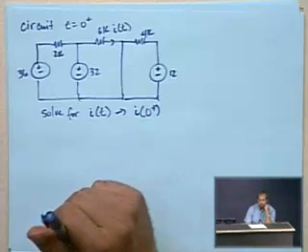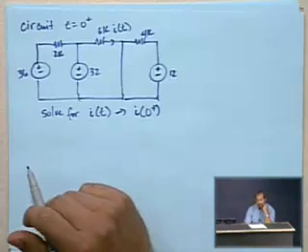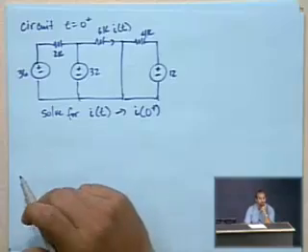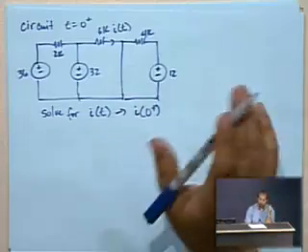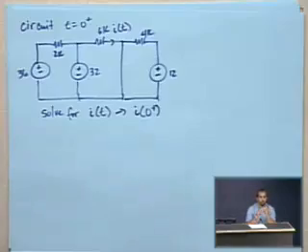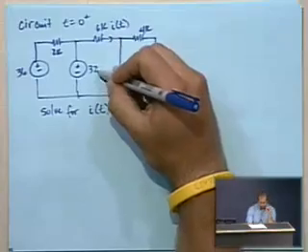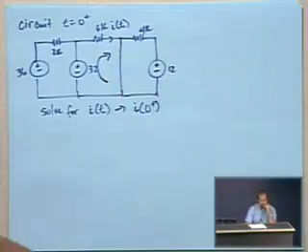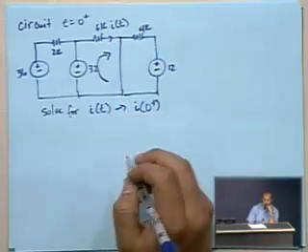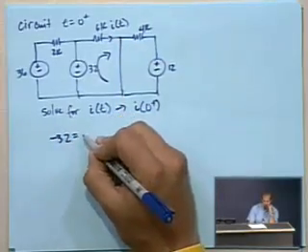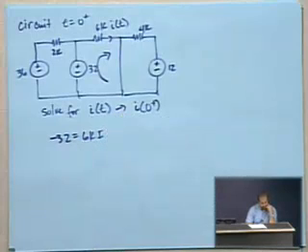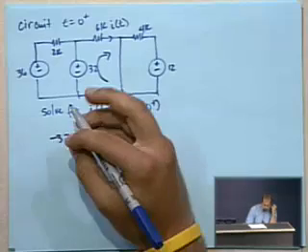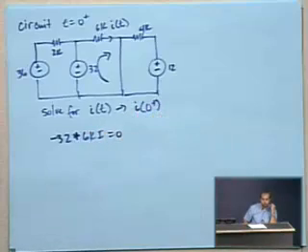Fortunately, with the way that the circuit is configured now, we could go to town and do a nodal or mesh analysis or something. But realistically, if there's a current running around this loop, if we write that KVL equation around that loop, we get negative 32 plus 6K times I equals 0.